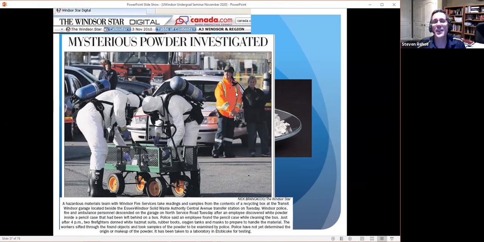I take my lead-ins to my colloquia from the Windsor Star front page. November 2010, mysterious powder investigated. I love this. So here are the guys in their famous white hazmat suits, no LIBS instruments. The hazardous materials team with Windsor Essex Fire takes readings and samples from the contents of a recycling box. It was a pencil case containing a white powder.